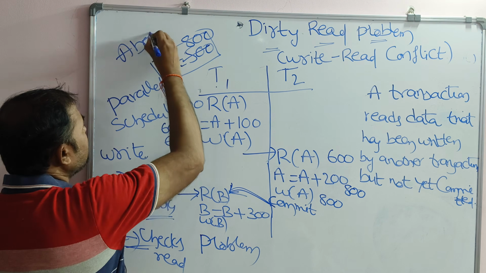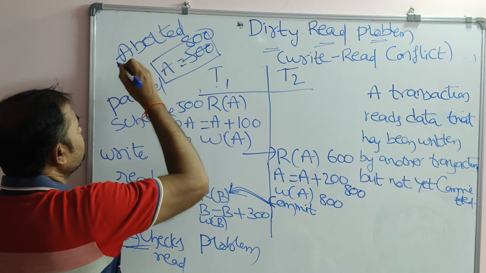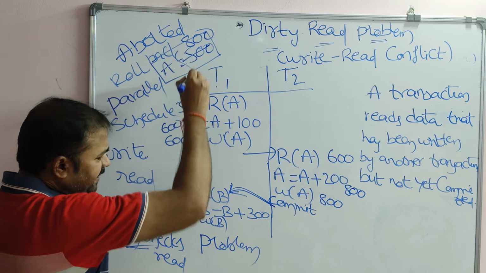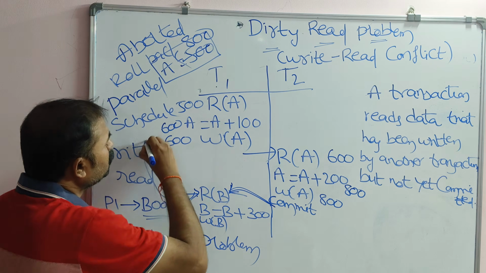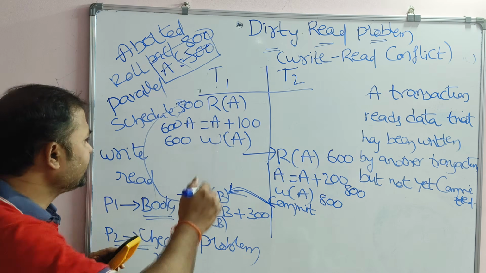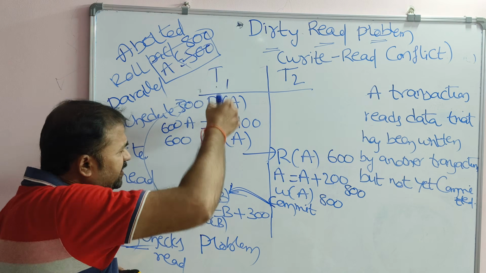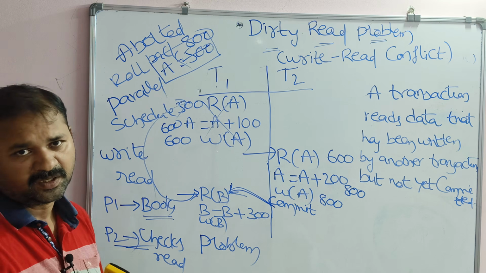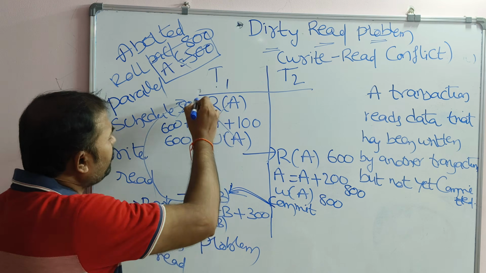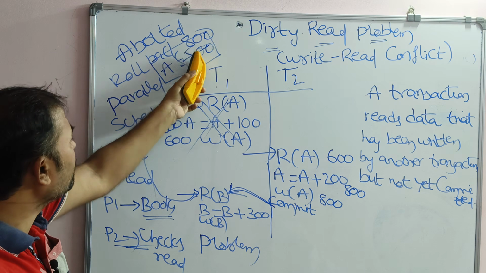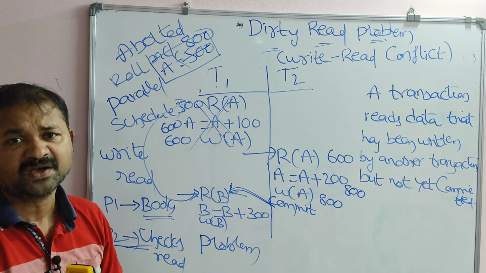That means we have to roll back the transaction. Once again, we have to move to the first instruction of the transaction. The first three operations need to be executed one more time. Now, what is the initial value of A? The initial value of A is 500.